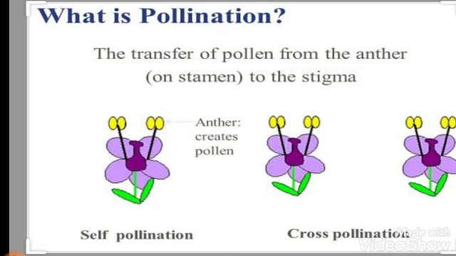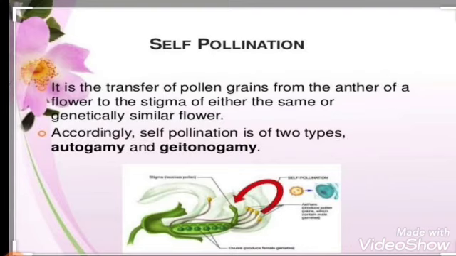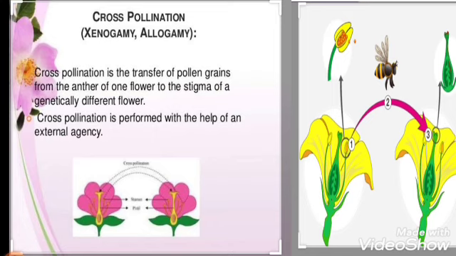Pollination is of two types. Self-pollination, in which pollen grains are transferred from the anthers to the stigma of the same or another flower of the same plant. But cross-pollination is the transfer of pollen grains from the anther of a flower to the stigma of a flower of another plant but of the same type.